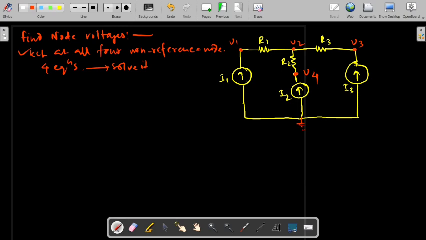Now what I will do right now is replace this current source by a voltage source. So for that, the same circuit, suppose this is V2.